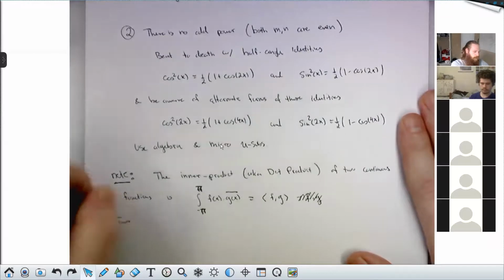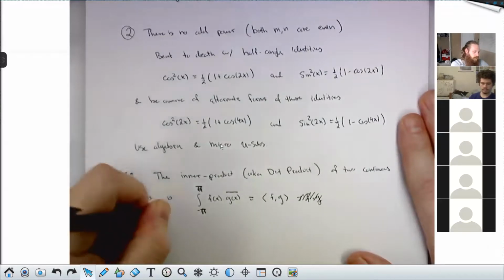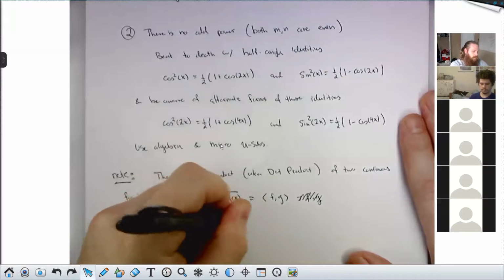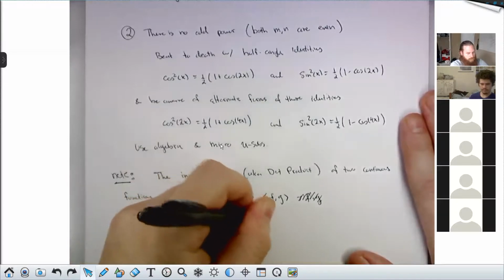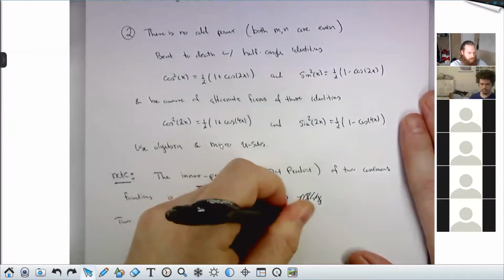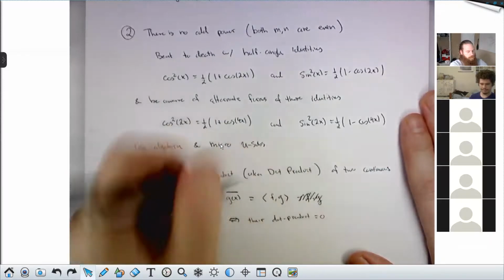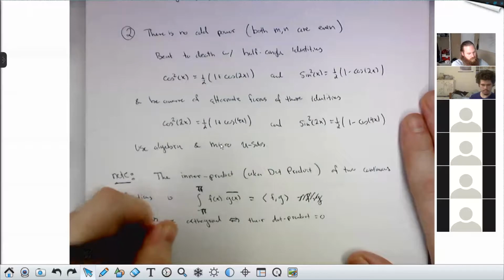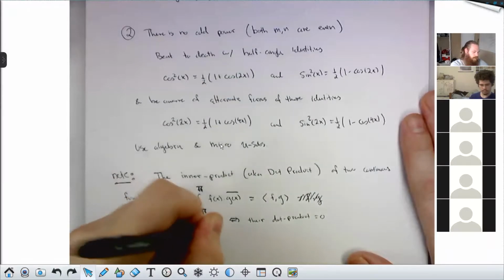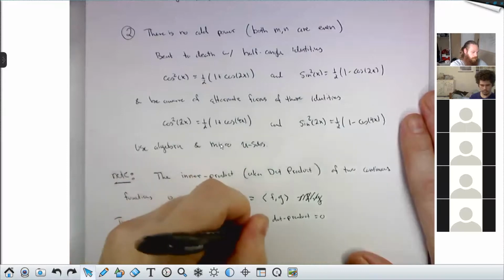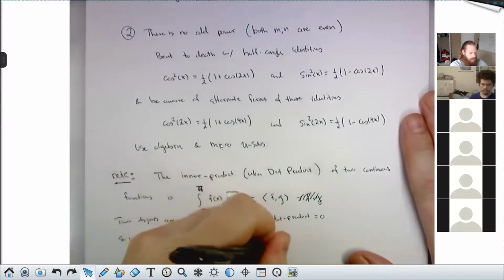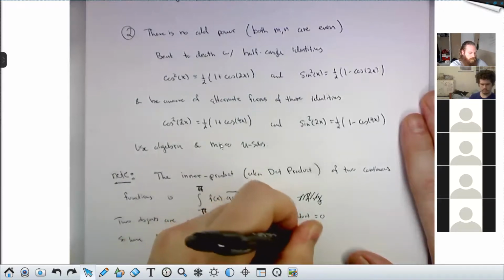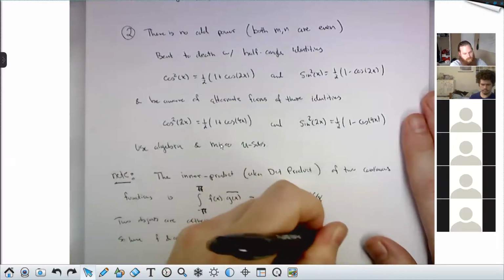So two objects are orthogonal if and only if their dot product is equal to 0. So here, f and g are orthogonal functions means that the integral from negative pi to pi of f of x times the complex conjugate of g of x is equal to 0.